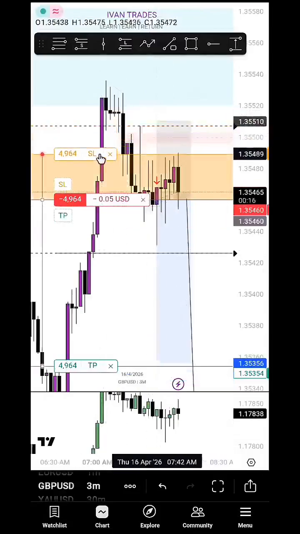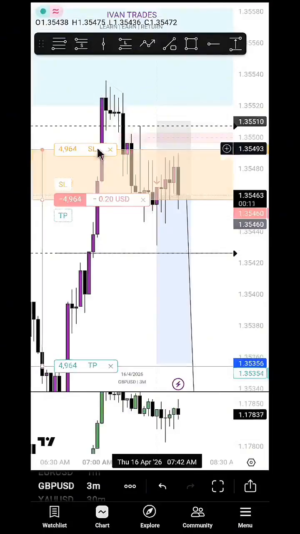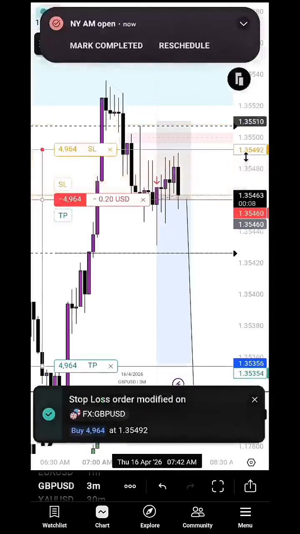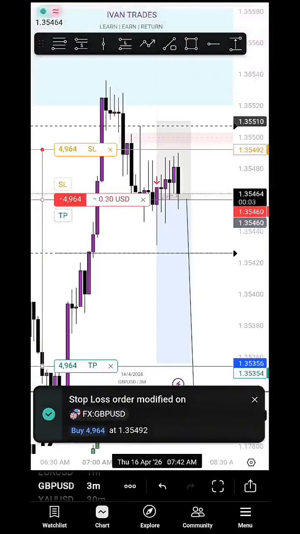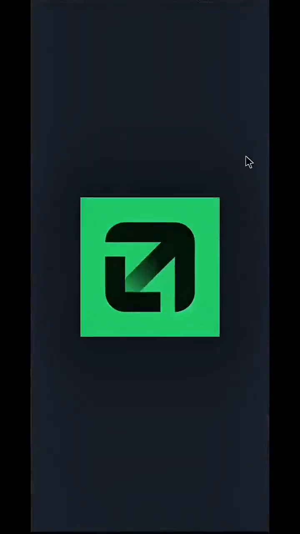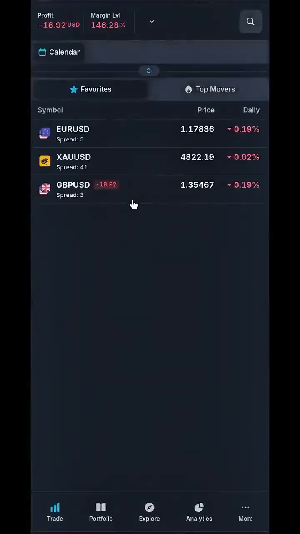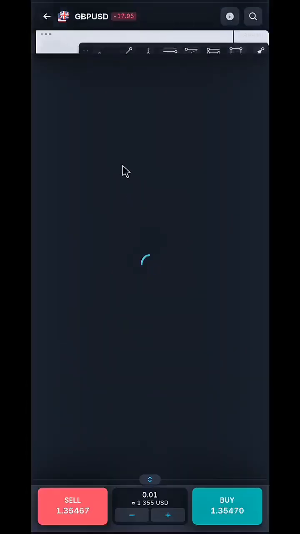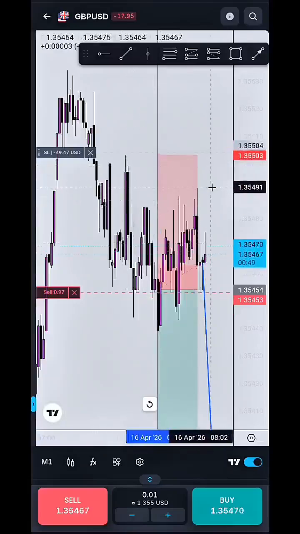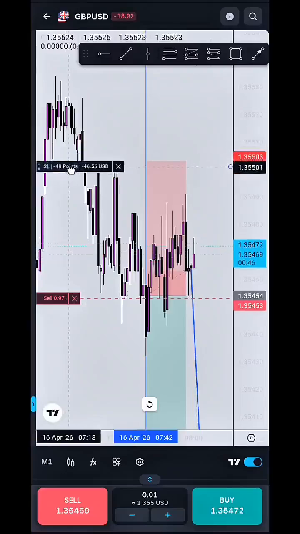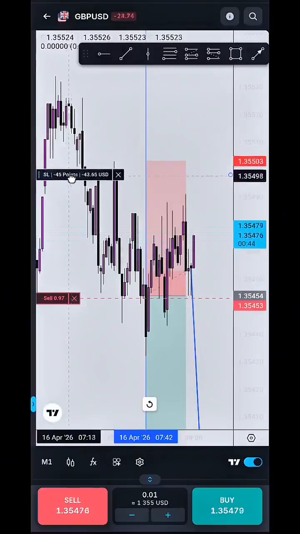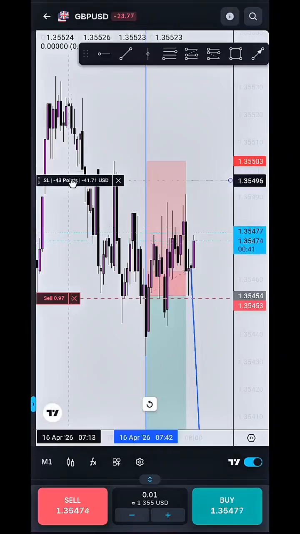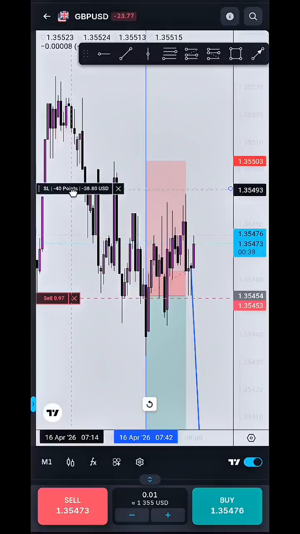And then I will check back on it when there is an alert. So yeah, we will see what happens. So I'm going to trail my stop above this high right here, because 8 a.m. is just about to open.